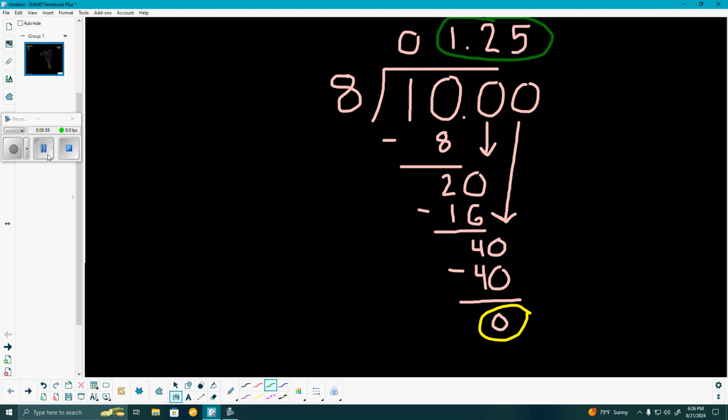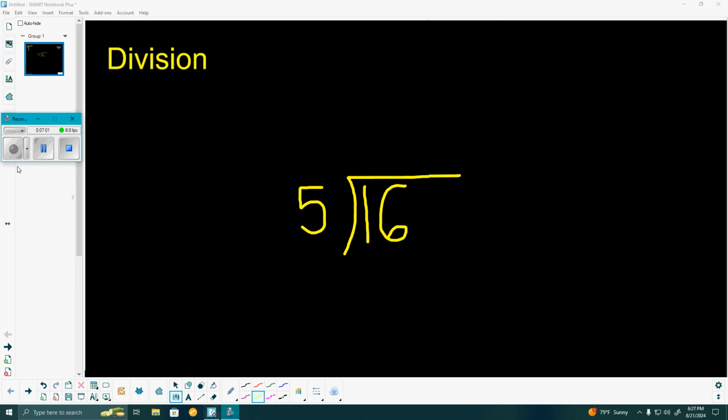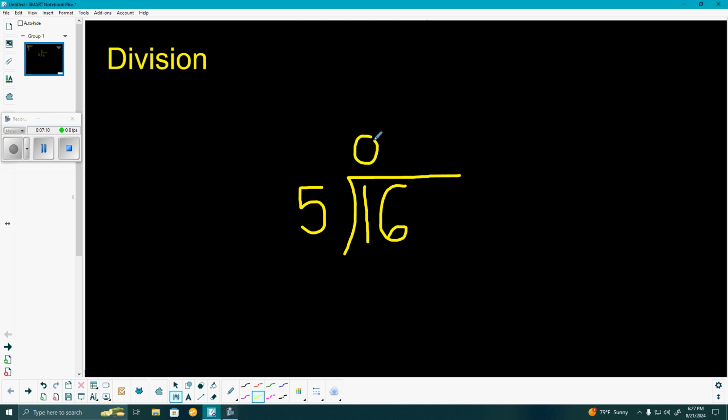I'm about to switch to a new problem. All right, let's do another one that's going to have a decimal remainder. We know that 5 cannot go into 1, so we put a 0. 5 can go into 16 3 times, because 5 times 3 is 15. 16 minus 15 leaves us with 1. Again, we add a decimal place and a 0.